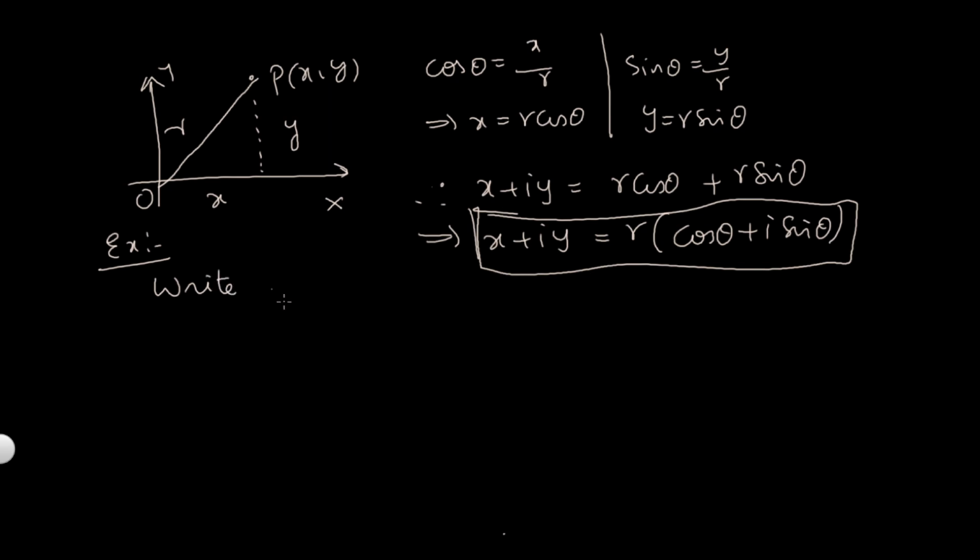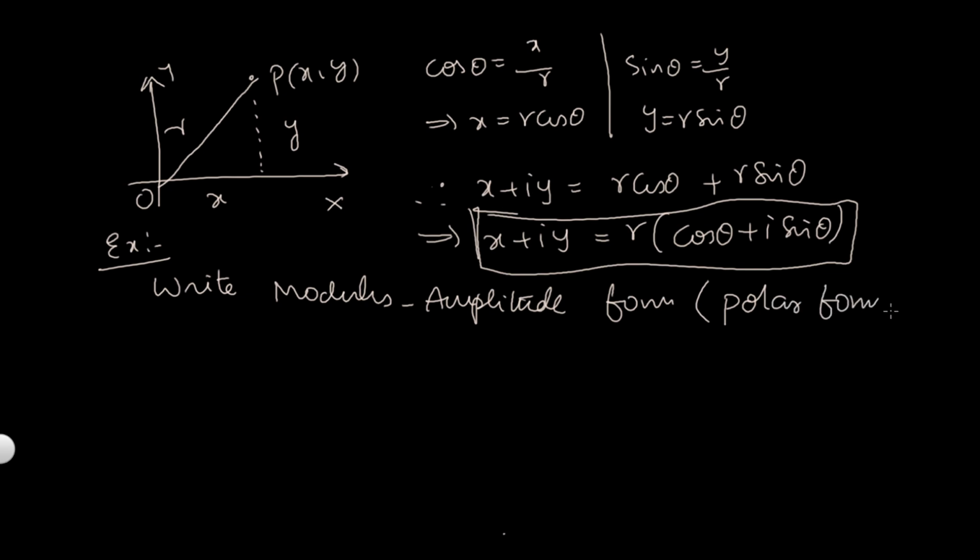Write the polar form or amplitude form; all are the same. The modulus amplitude form has another name, polar form. They are the same for a given complex number.